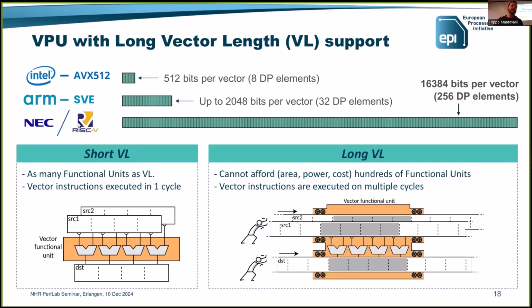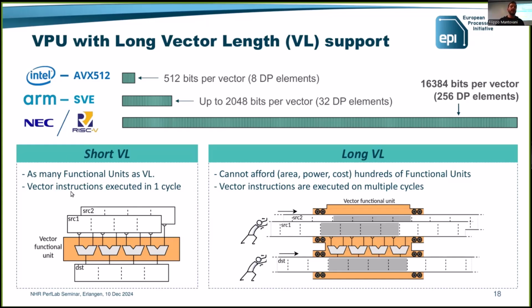In our case, in the RISC-V vector accelerator we have, we operate 256 double precision elements per instruction. So you get the ratio, right? So 32 times wider vector compared to the Intel. And it's similar, actually the same vector size as the NEC Aurora SX accelerator. I don't know if you are familiar with it.